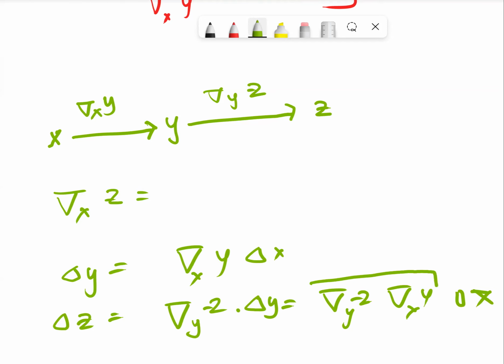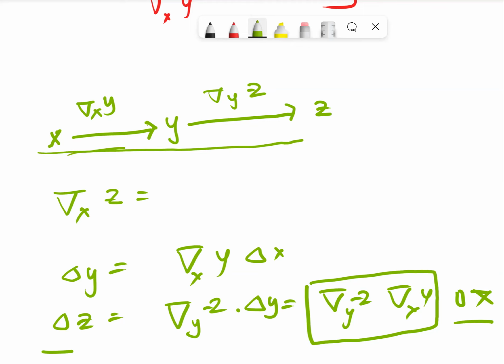So this is the derivative of z with respect to x. Observe the order. The rightmost term is the first term, so as you keep going outwards, you keep left multiplying. Is this making sense? There is an order to it.